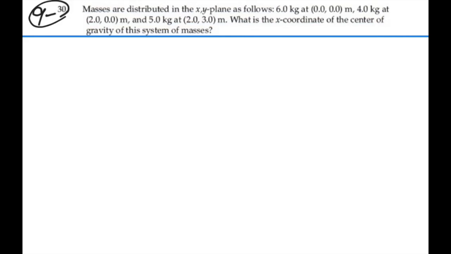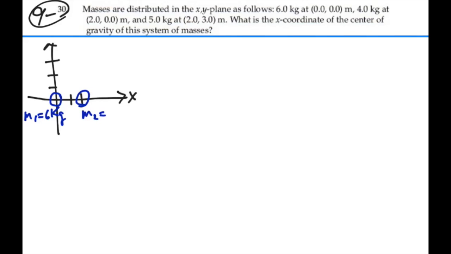Okay, let's take a look at this. Let's graph this if we can. We have three masses to consider. We have one at x equals 0, y equals 0. Let's call that mass 1, and that is 6 kilograms. We have another mass at x equals 2, y equals 0.